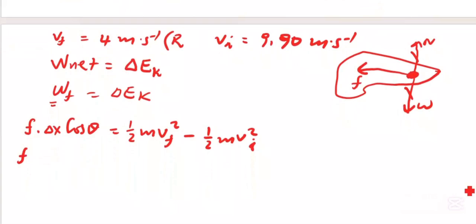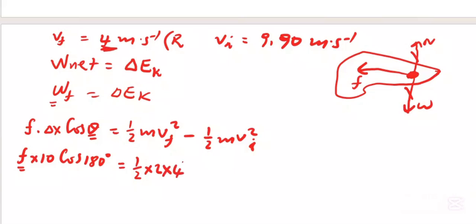The frictional force we want, the displacement is 10. For a frictional force, the angle is always 180 because it opposes the motion, which is equal to 1/2 times the mass, 2, times the final velocity, 4, squared, minus 1/2 times 2 times the initial velocity, 9,90 squared. So we are going to punch the calculator like that.